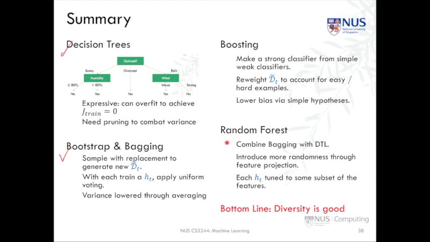Finally, we looked at the idea of the random forest classifier that combines bagging with the decision tree learning algorithm, which introduces the idea of feature projection as an additional form of diversity, which goes also by the name of feature subspaces or feature bagging. Each of the individual hypotheses is tuned to some subset of the features as well as certain elements in the dataset.